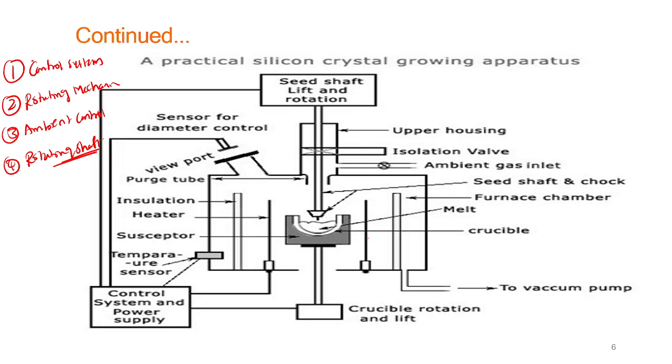Here you have a crucible, and around the crucible there are some heaters. You are heating, and this is molten silicon, silicon in the molten state. Molten state means the silicon will be in liquid state, and there is a seed shaft. This is the seed crystal, seed silicon.